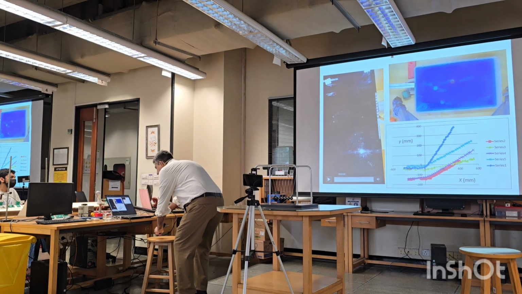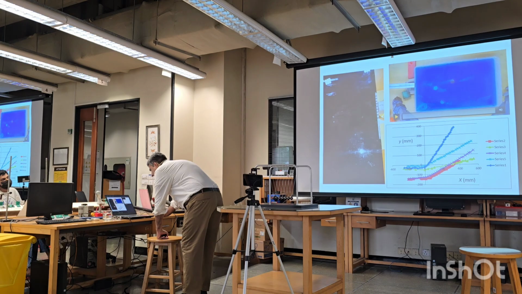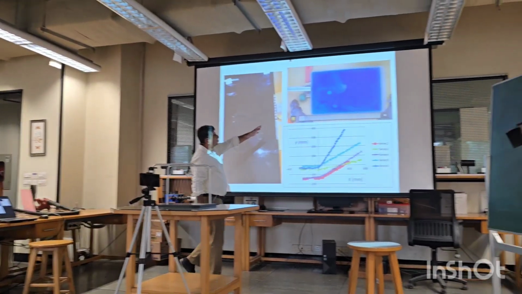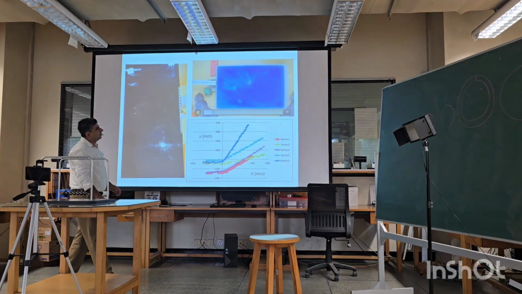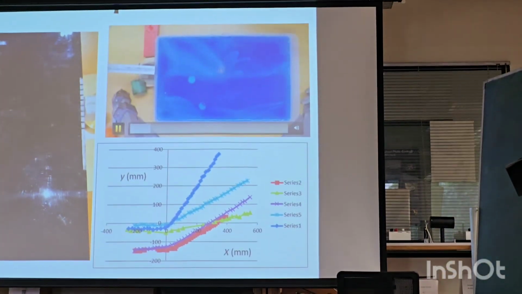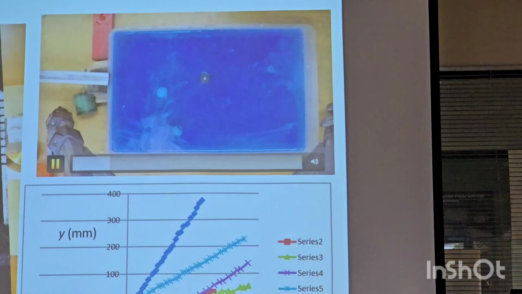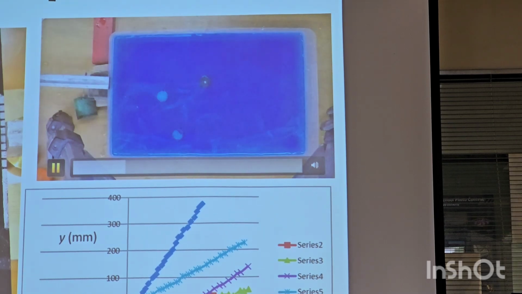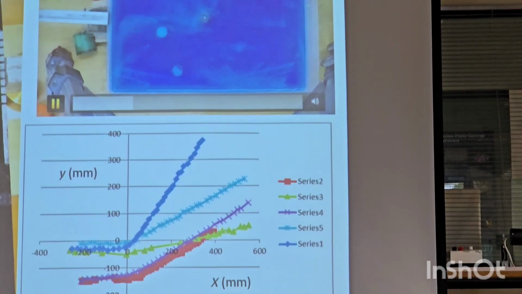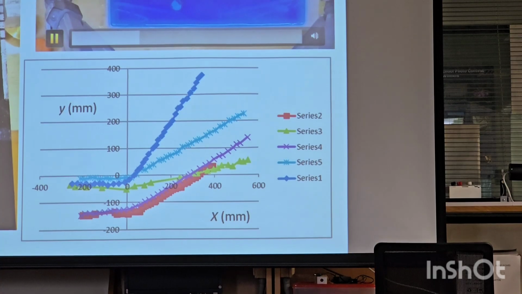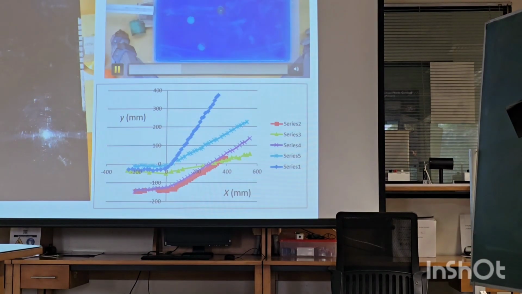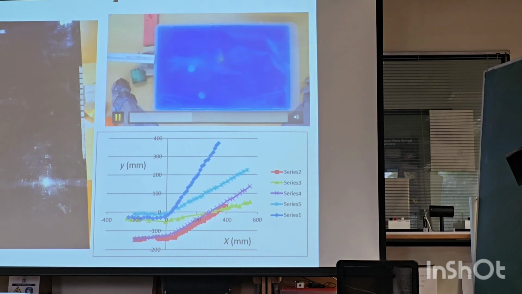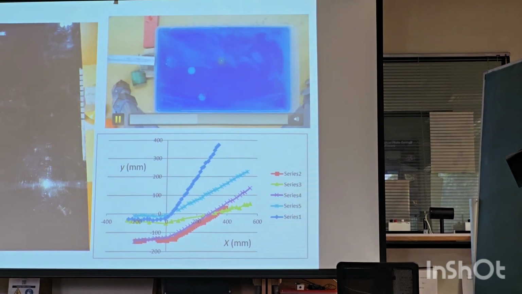Here is another example. Some master students tried putting liquid oxygen drops on the surface of water and seeing how their paths are diverted. Once you take a video of this phenomenon, you can actually plot the trajectories of these drops. Now a physicist steps in and tries to describe these trajectories.